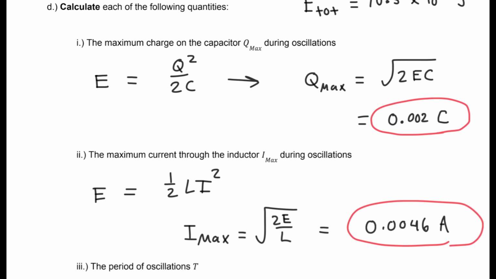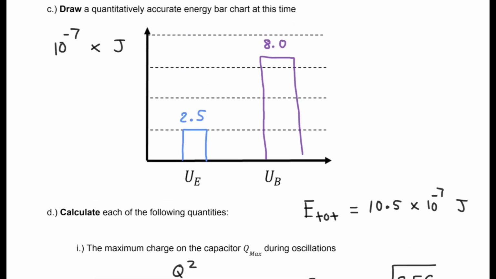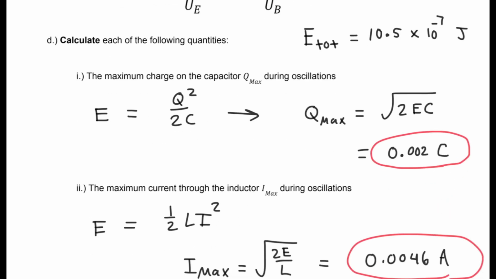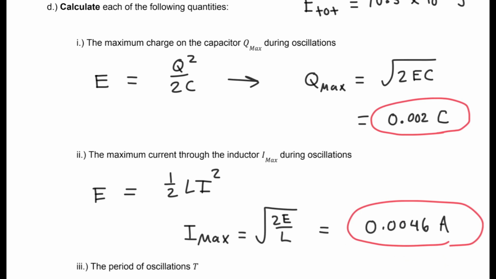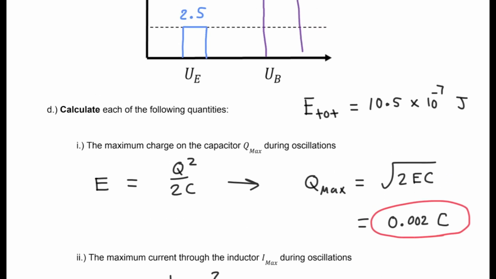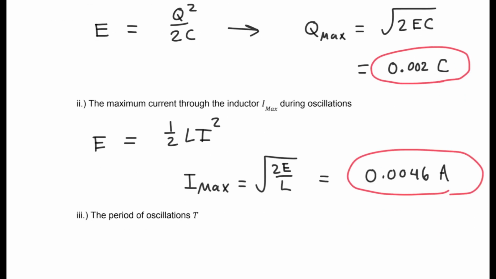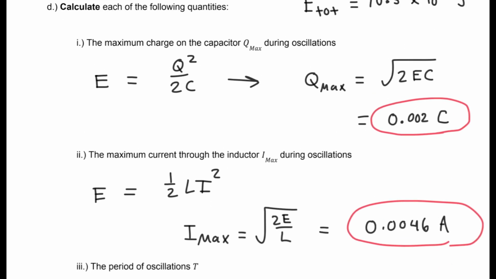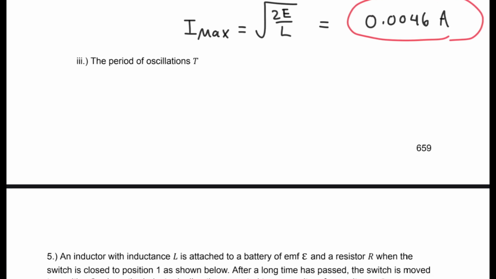This is the most common LC circuit question I see: finding the maximum charge or current. We should just set the total energy, which we've computed at some point, equal purely to Q squared over 2C or 1/2 Li squared.